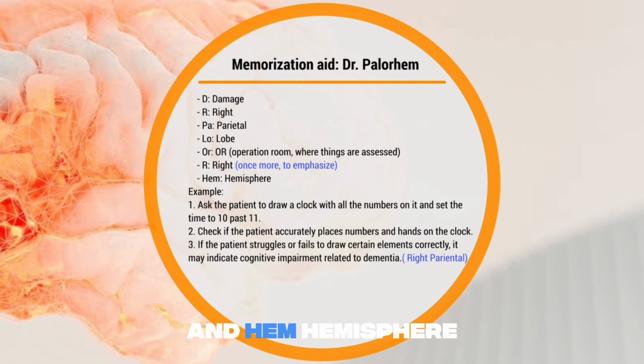And hemisphere. For example, when we are talking about the clock drawing test, we're asking the patient to draw a clock with the numbers, right? It can indicate what deficiency the patient is suffering. For example, we ask them to set the hands to 10 past 11, right?